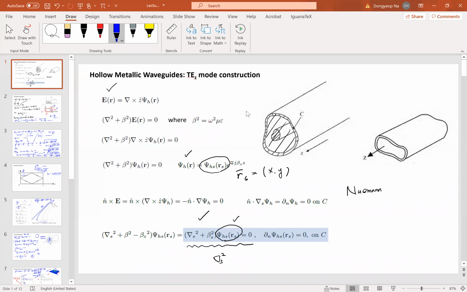One is the TEz mode and the other one is the TMz mode. The TEz mode should satisfy the Neumann boundary condition, stating that the normal derivative is equal to 0. On the other hand, the TMz mode should satisfy the Dirichlet boundary condition, just the field is equal to 0 on the boundary of the transverse plane.